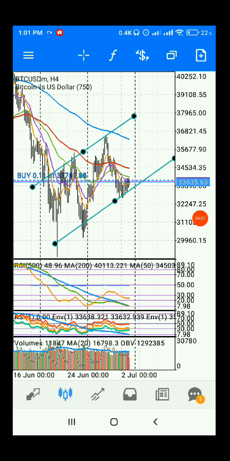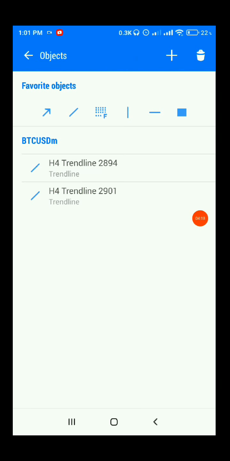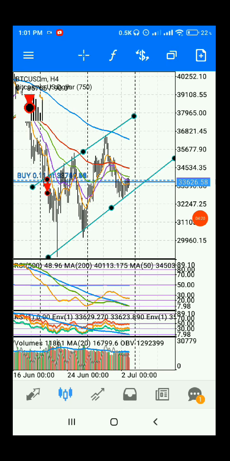Okay, it's looking good. Now I want to mark the ups and downs using this arrow.